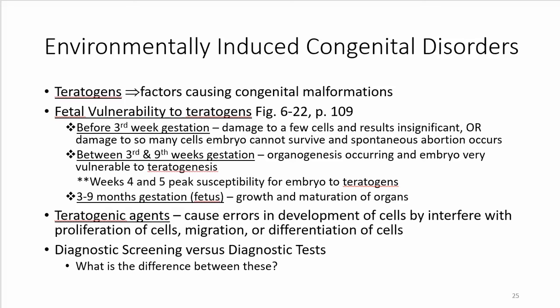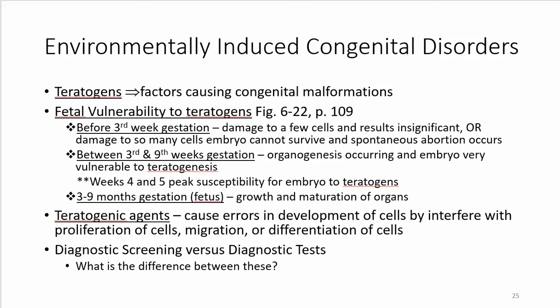So before the 3rd week of gestation, it's going to go one of two ways. A teratogen will damage so many cells that the embryo cannot become a fetus, and the pregnancy terminates spontaneously. Or there's damage to a few cells, but not enough, and so it becomes insignificant.